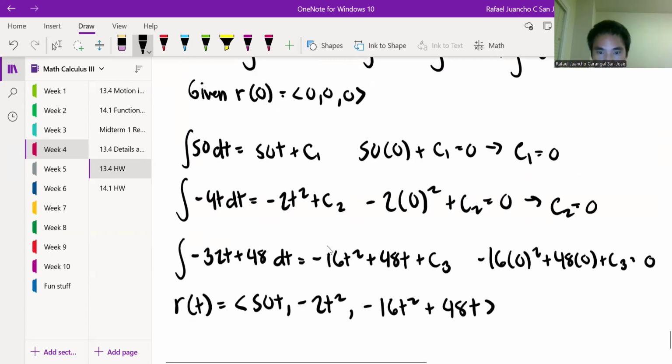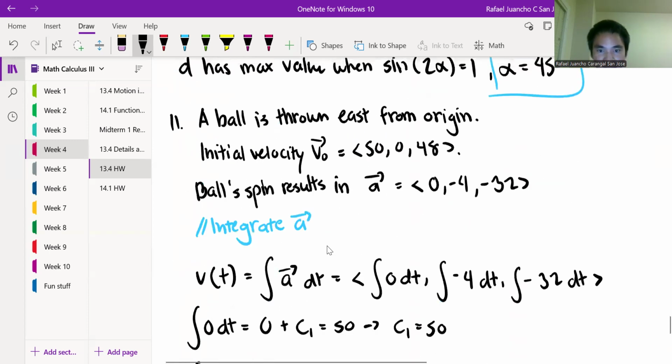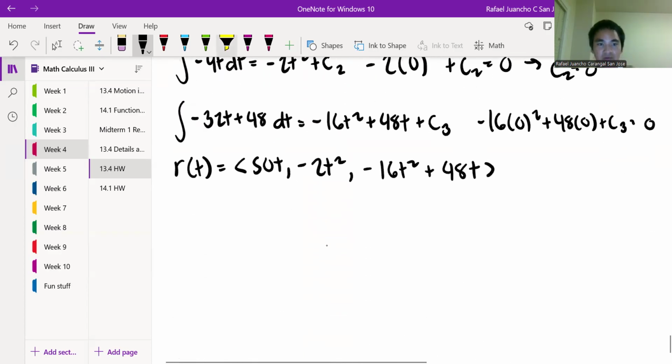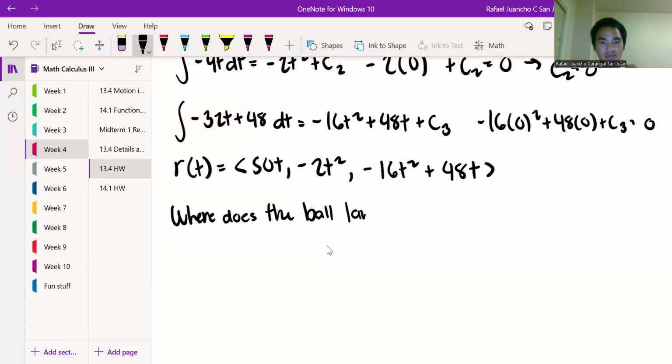So now, what do we need to do? Well, okay, we need to find where the ball lands. So where does it land?